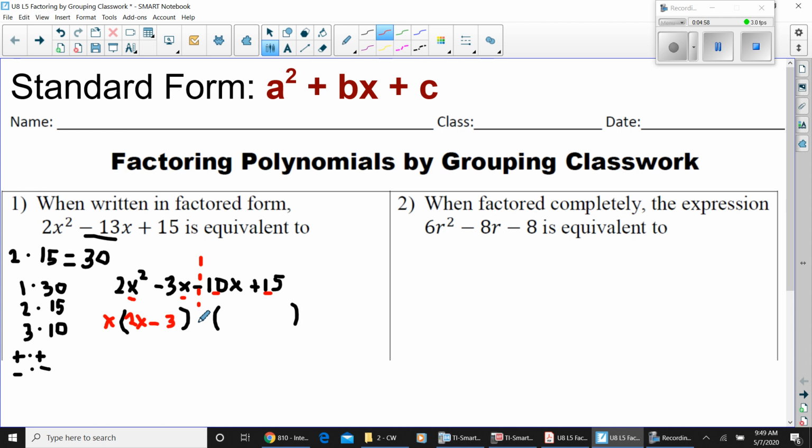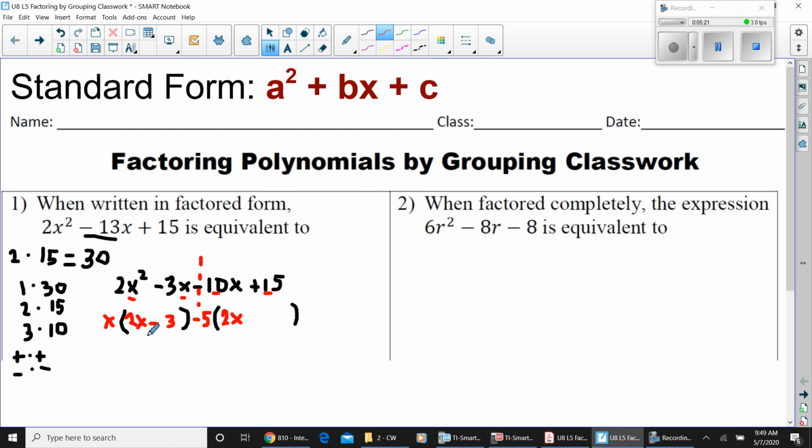So I'm going to put that negative outside, and I'm going to put the 5 outside with it. Negative 5 times what equals negative 10x? Negative 5 times 2x equals negative 10x.